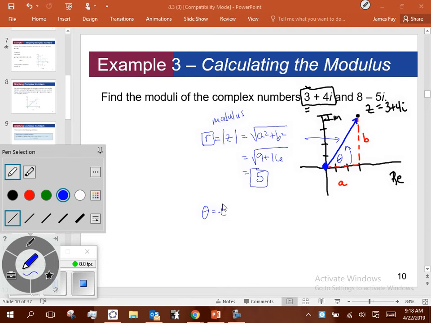It is the tangent inverse of b over a. In the Cartesian plane, we did y over x, right? Okay? But it's going to be tangent inverse, in this case, of 4 divided by 3. And that ends up giving 53.13 degrees.